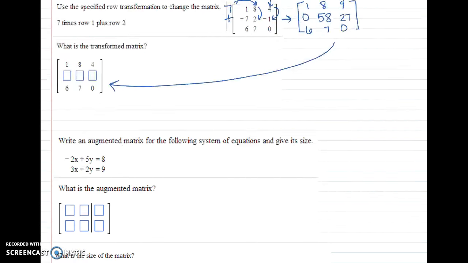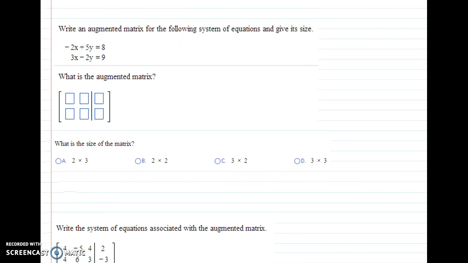We can also write what we call an augmented matrix. This is where we take a system of equations like this, 2 equations and 2 unknowns, and we write down all the coefficients, -2, 5, 3, -2, all lined up, very much like what we would put into Polysmelt. And then we have this vertical line. After the vertical line, we put what's after the equal sign.